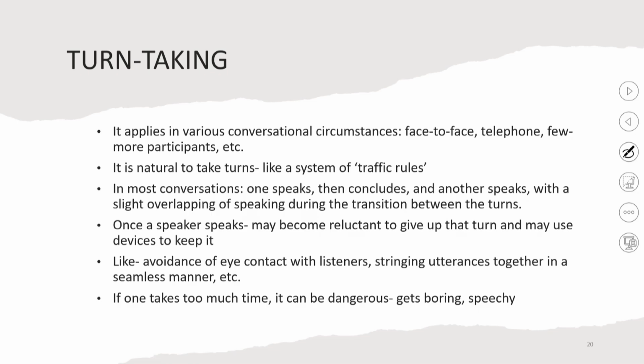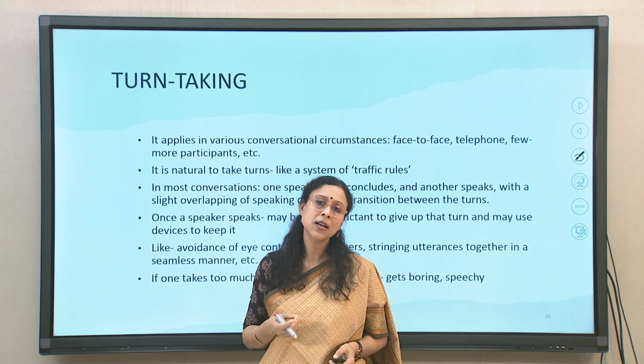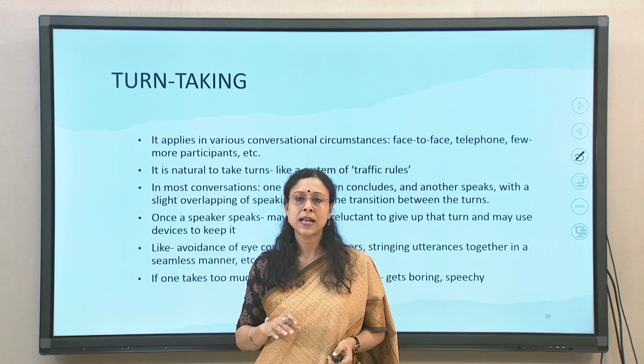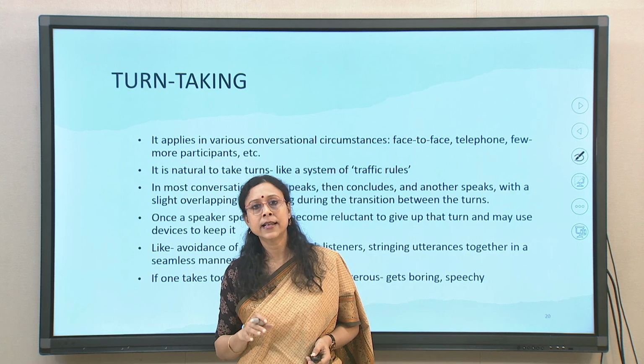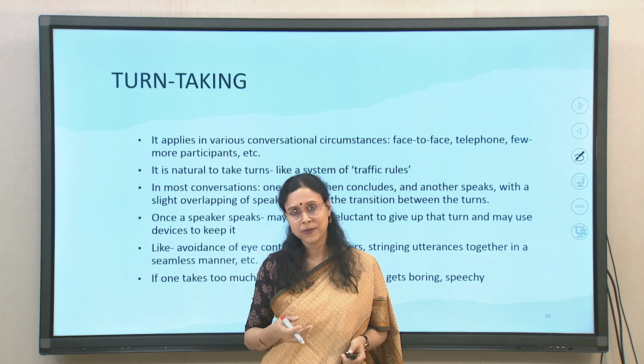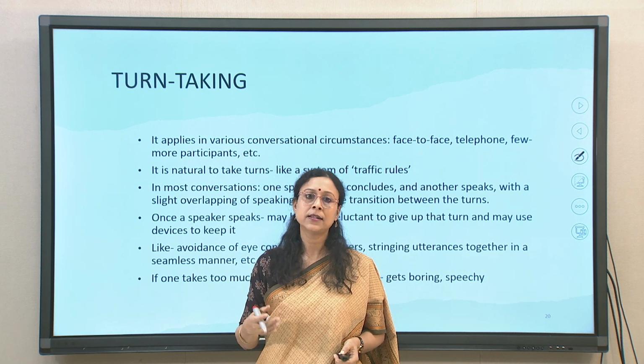In certain cultures it is perfectly fine for 5 people to speak at the same time. In many cultures this is exactly the opposite: if 2 people speak together, it is considered a disruption. But in the majority of cases, taking turns is considered part of the traffic rule of conversation. In most conversations one person will complete and then the other person.